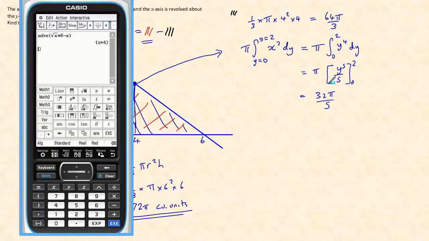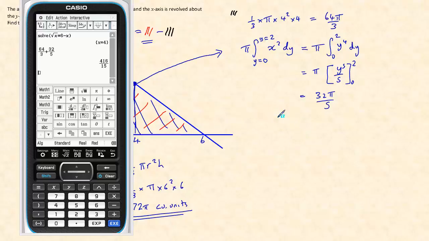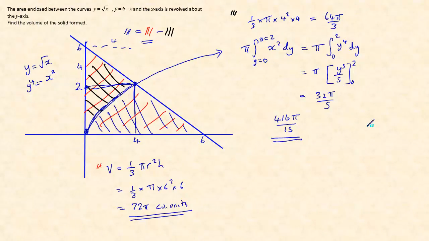So this total black area is going to be 64 over 3 add 32 over 5. So that's going to be 416 pi by 15. And we know that the blue is equal to the red, take away the black.